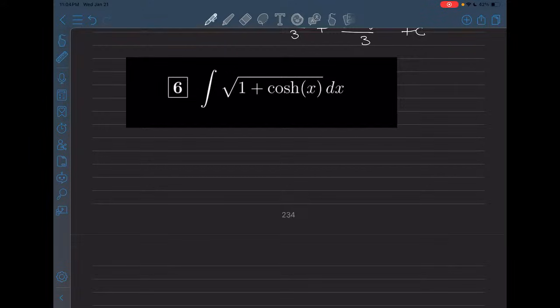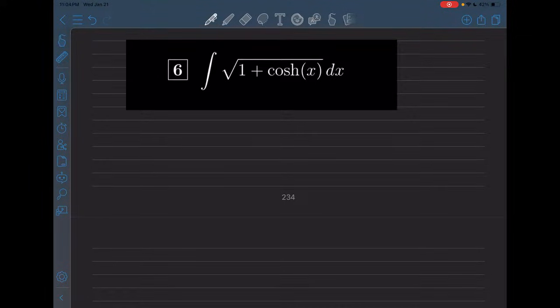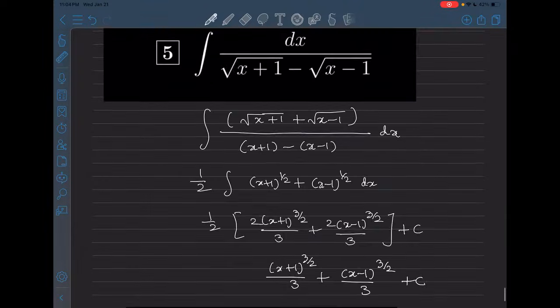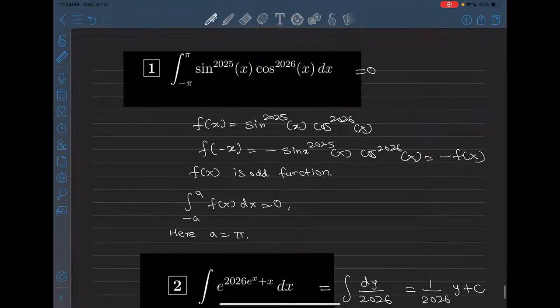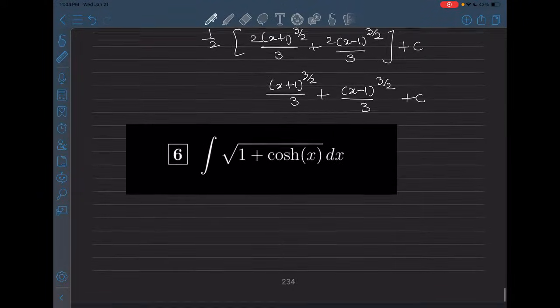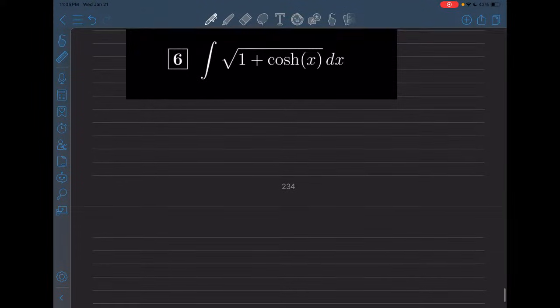Does that help? So what's your thought for this problem? How should I solve it? If you mean can you solve problem 1, then I already did over here. For problem 1, we just used the fact that it was an odd function. Otherwise, if you want to ask a different problem, maybe sometime later. So how should I solve this problem, guys? Sarabastola G. Vardi, I'm sorry if I misread your name.